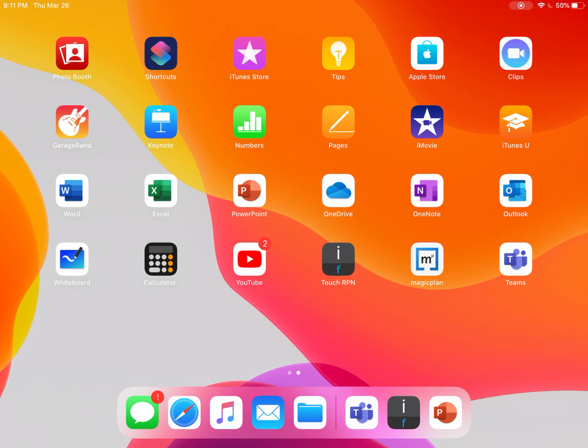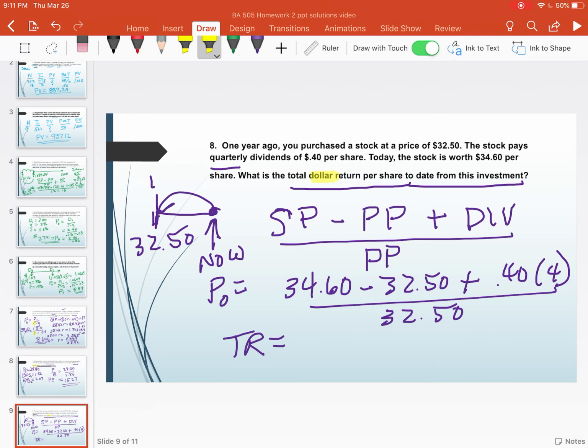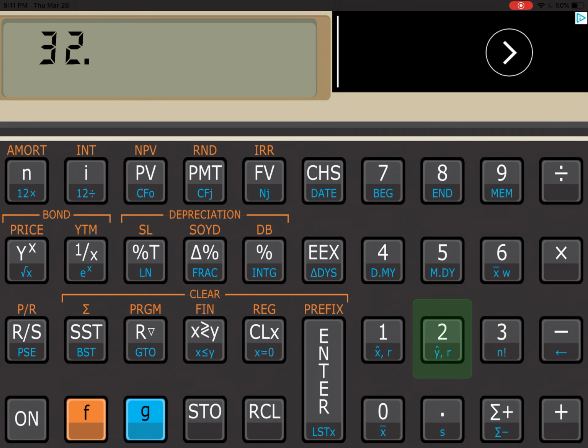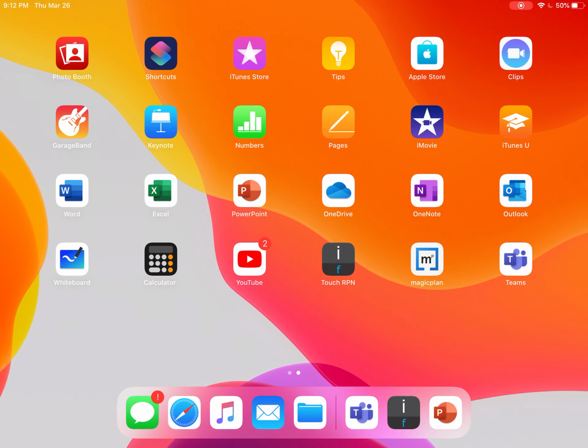So $3.70 divided by $32.50, enter, is 11.38%.